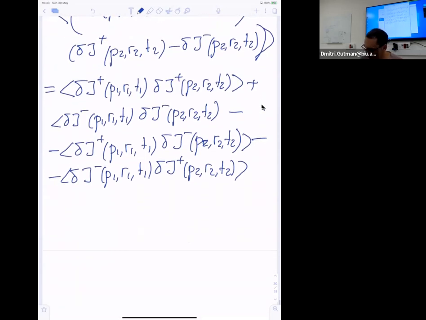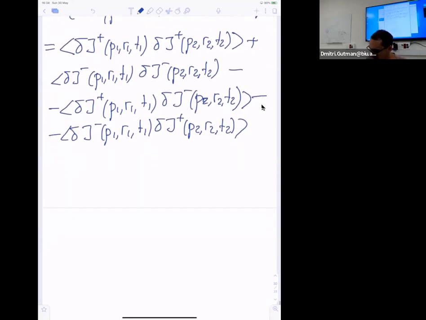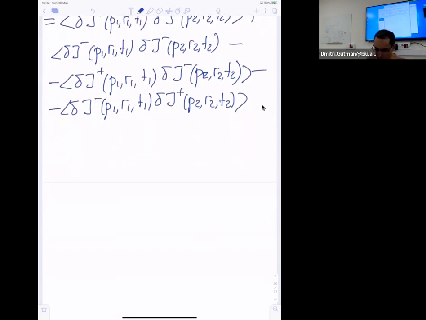So we need to find the correlation function of these guys. And here we're coming finally to the main point of all this theory. We need to determine the correlation function of an elementary scattering process.